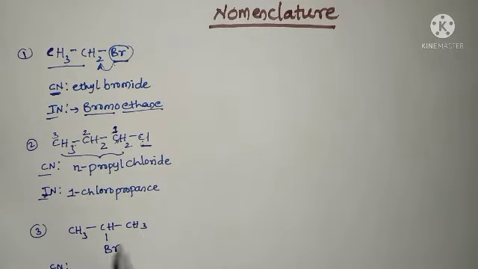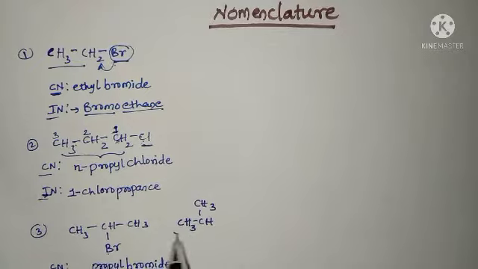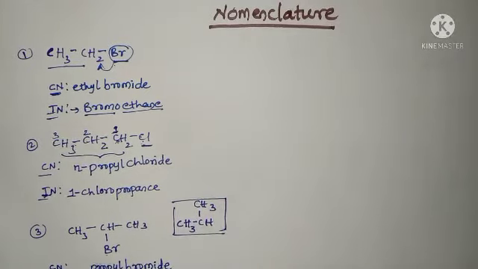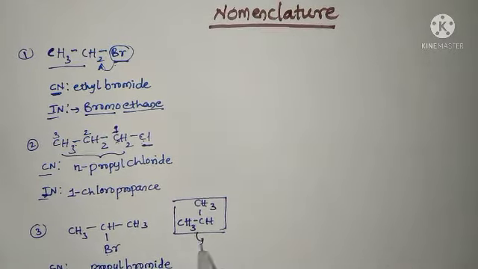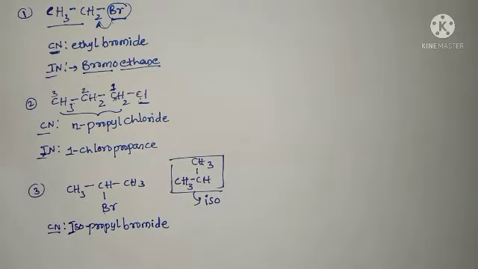Here we are seeing the CH3, CH and CH3 group. This group, wherever it comes, you have to use the prefix iso. So the common name here becomes isopropyl bromide.